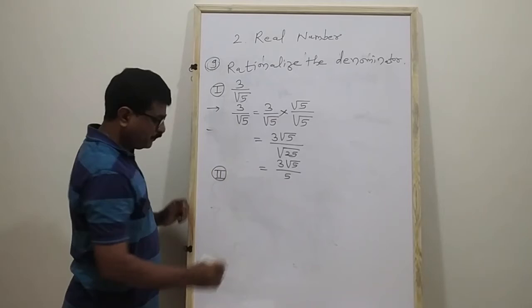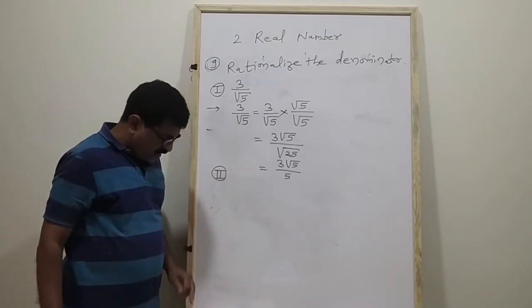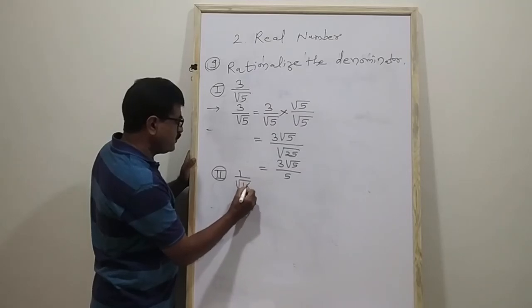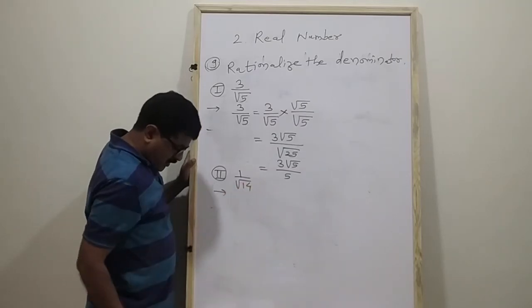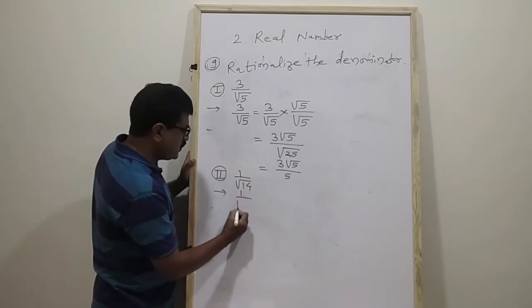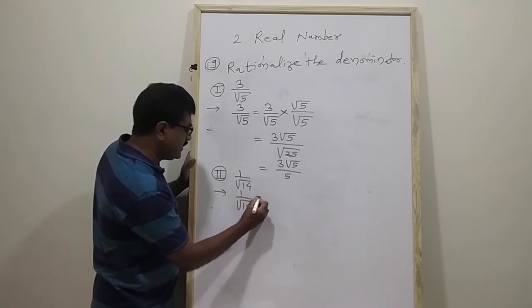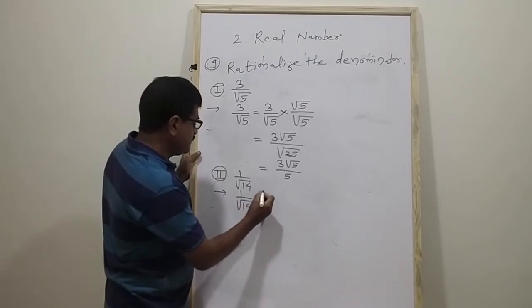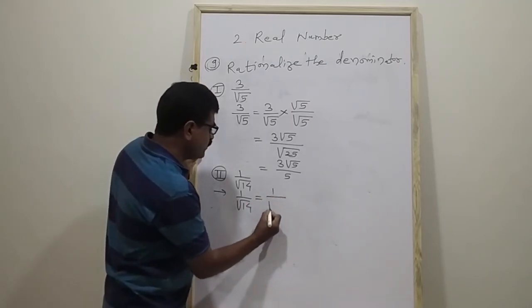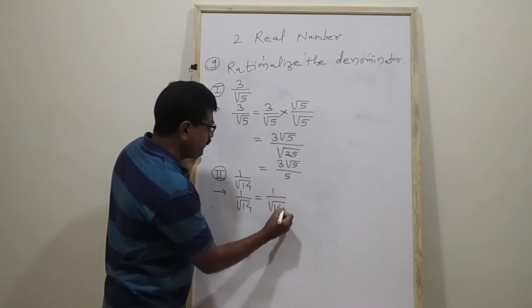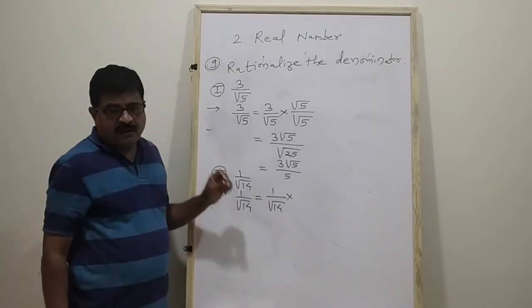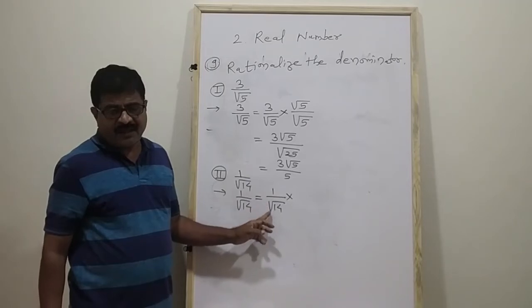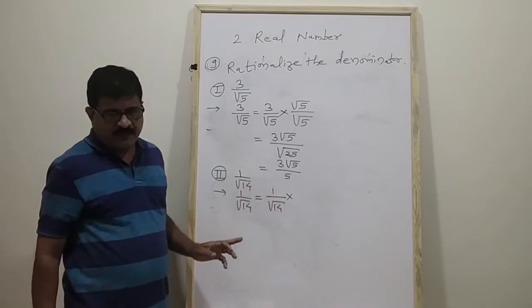Number 2, 1 upon square root 14. Now first write down 1 upon square root 14 as it is equal to. Now we can write this as 1 upon square root 14 into. Now in the denominator we have to change this to a rational number.